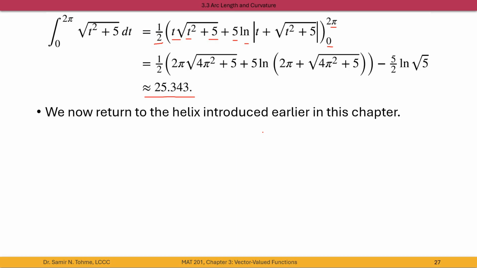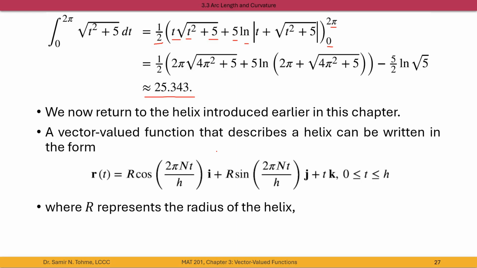Now let's return to the helix introduced earlier in this chapter, last week. Consider a vector valued function that describes a helix which can be written in this form. Don't memorize this one.